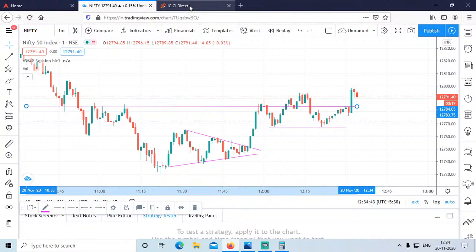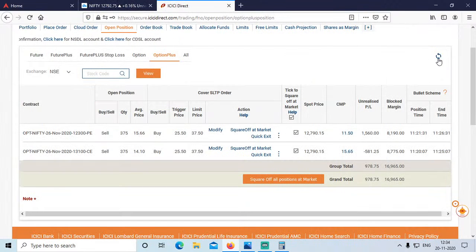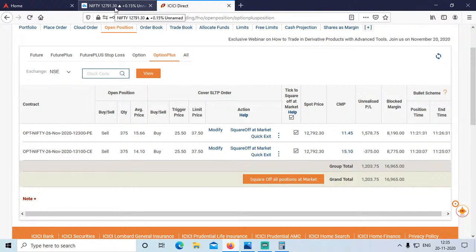So when the market has stabilized at a place, if you square off all positions at market, whatever profit you see, you will get the same profit. But whenever the market goes up high or goes down high, you will not get the profit shown, because the price of the option will be changing.